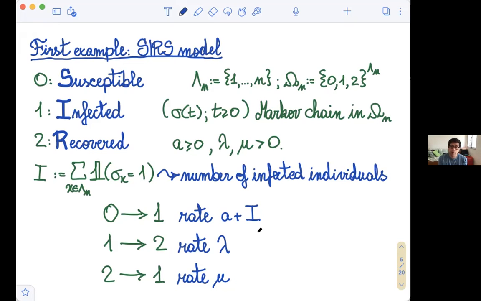And the first thing you have to observe is that if A is equal to 0, then everybody 0 is an absorbing state of this Markov chain. So if everybody is susceptible, nothing happens, just if A is equal to 0. And then from the point of view of invariant measures, there's not much to say.